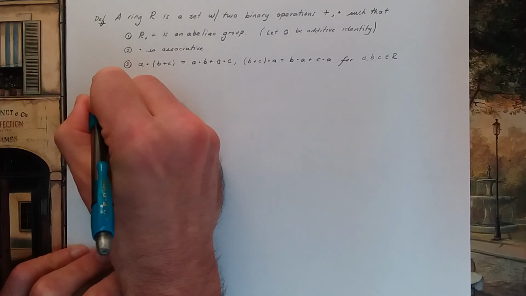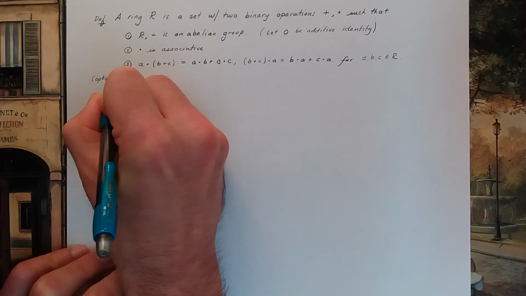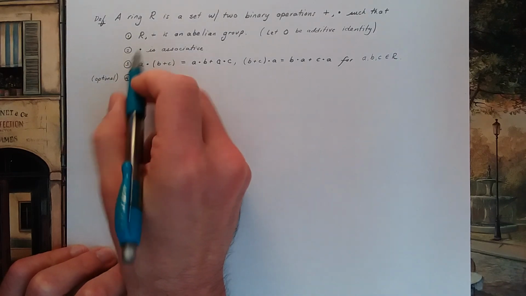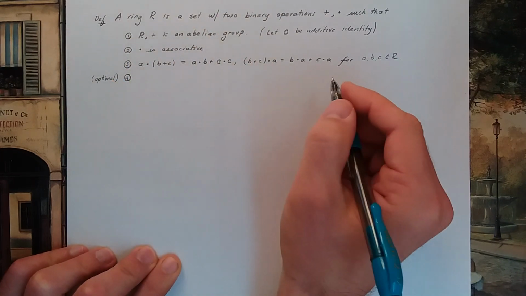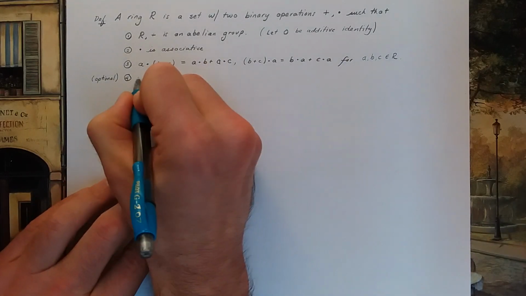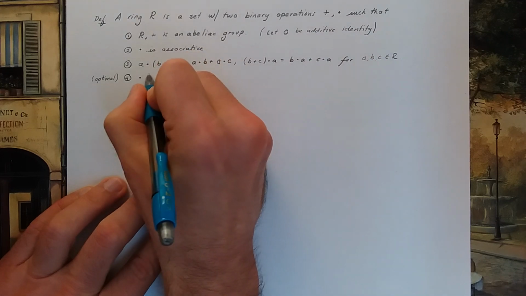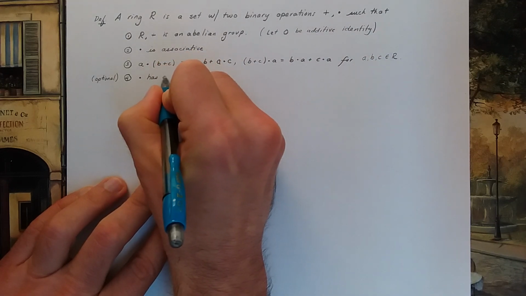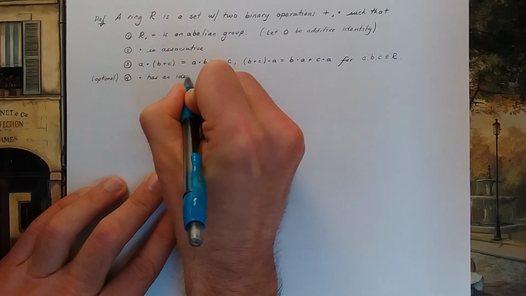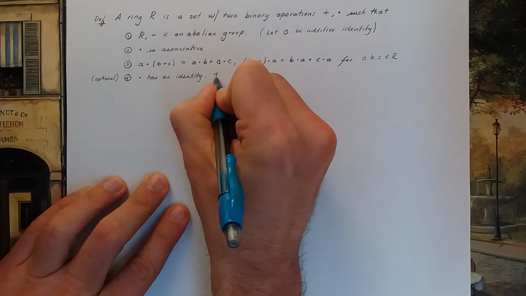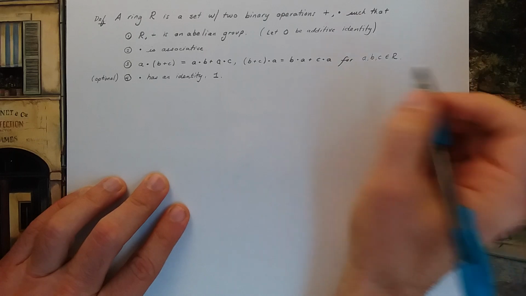I'm going to put an optional condition, condition 4, that's not always in the definition of ring, but for our course, I'm going to make it part of the definition. I'm going to say that the multiplication binary operation has an identity, which we'll denote as 1.